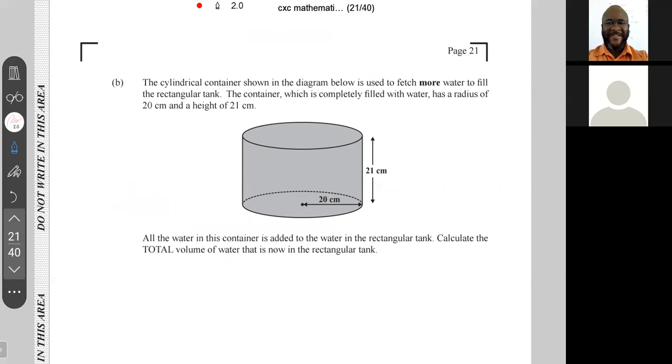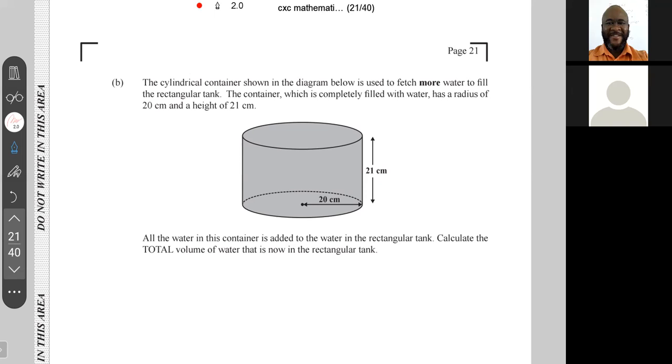All the water in the container is added to the water in the rectangular tank. Calculate the total volume of water that is now in the rectangular tank.